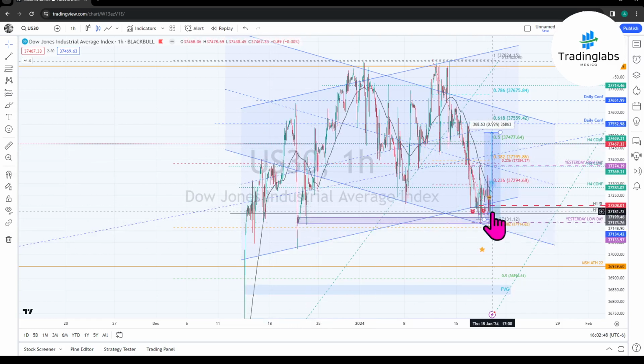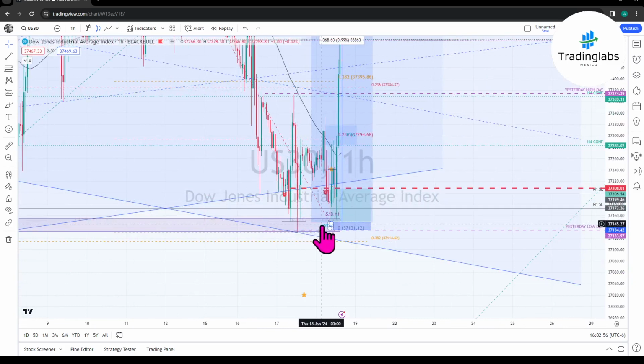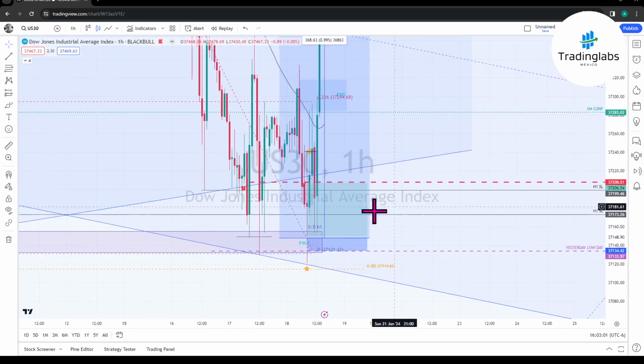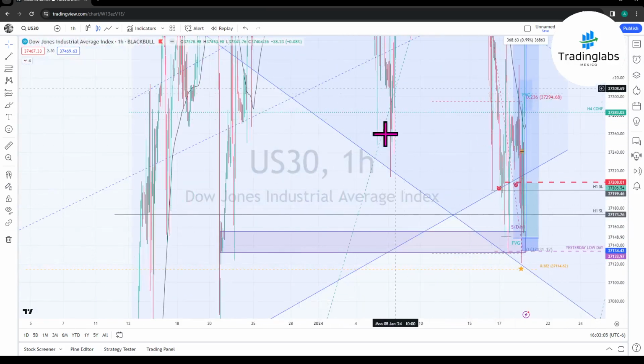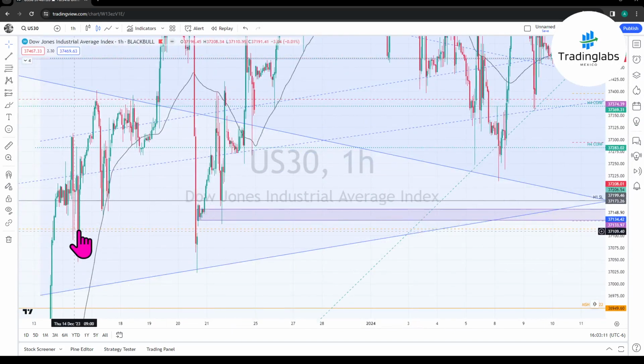Even though the price already broke the main channel, it is at the bottom of the channel, and the wicks are making the chart's history. So from here, bullish.